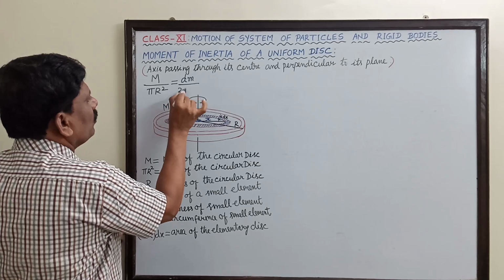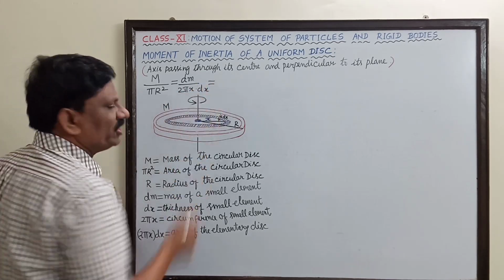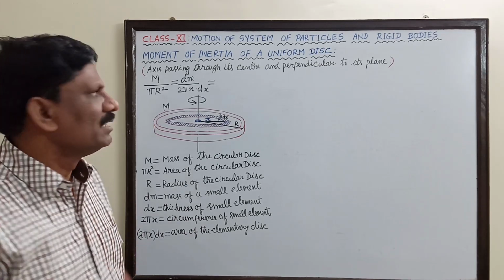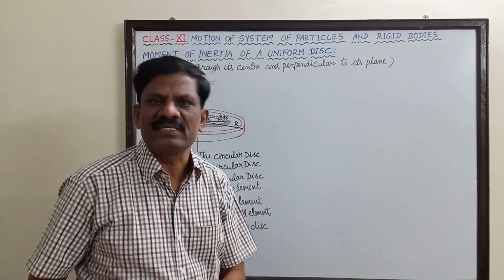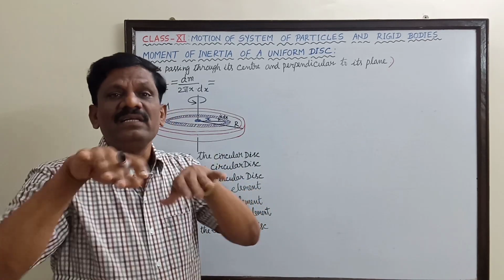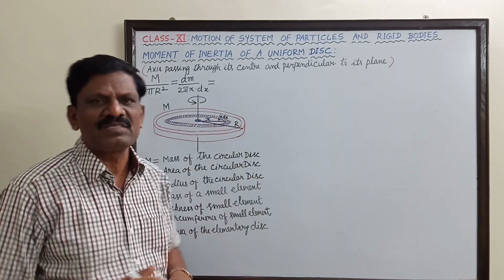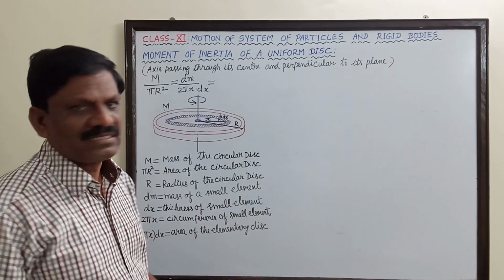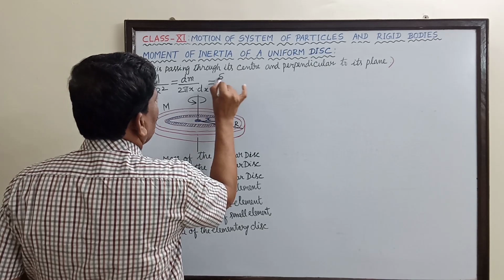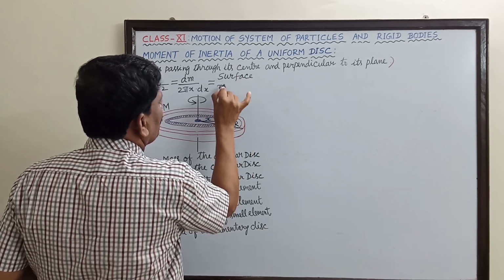This ratio will be a constant because it is a uniform disk. What do you mean by uniform disk? Everywhere it has the same density, that is surface mass density. This is called the surface mass density. It must be constant.